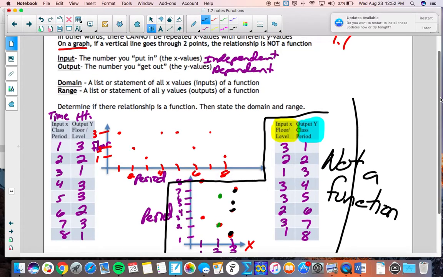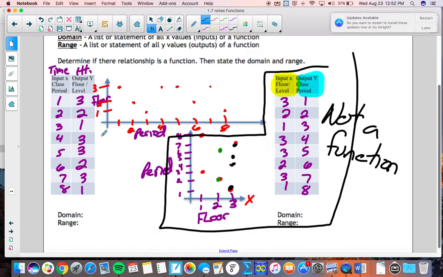Real quick, we're going to talk about domains and ranges. So domains are all of your x's, and ranges are all of your y's. So in this one that is a function, our x's go 1 through 8, and our y's go between 1 and 3. This is saying that my x's are greater than or equal to 1, but less than or equal to 8.